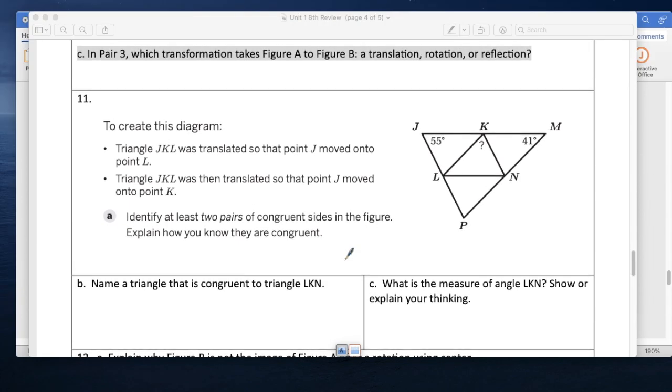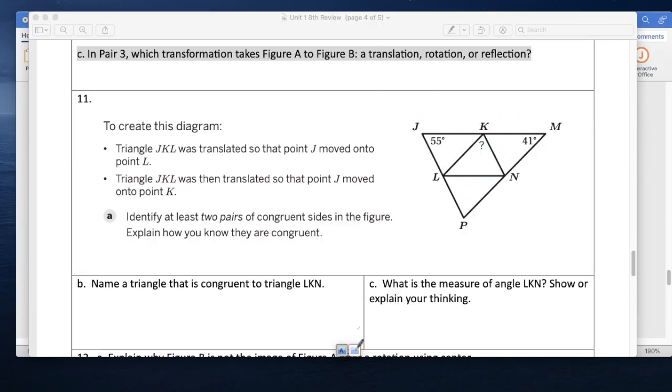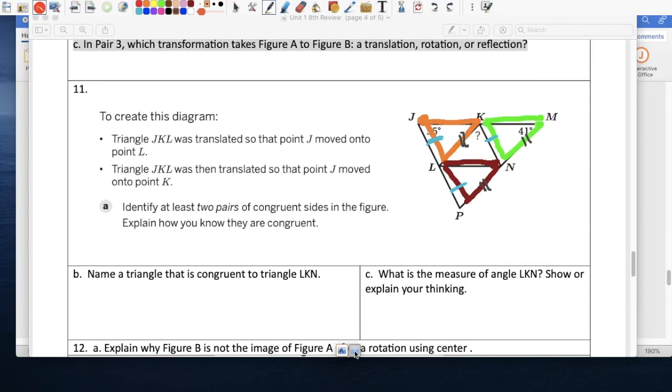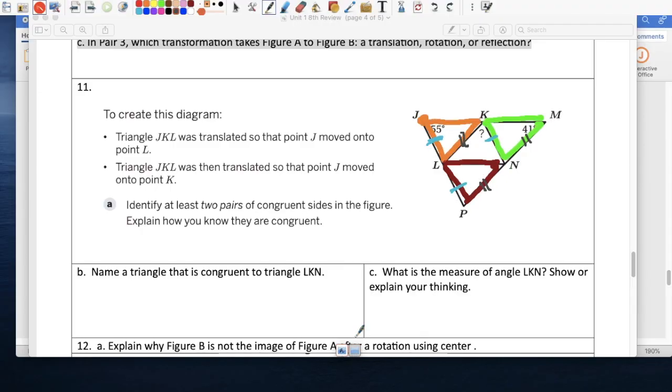Oh, sorry. It says name a triangle that's congruent to triangle LKN. So the triangle in the middle shares this side here, the one that has one line.